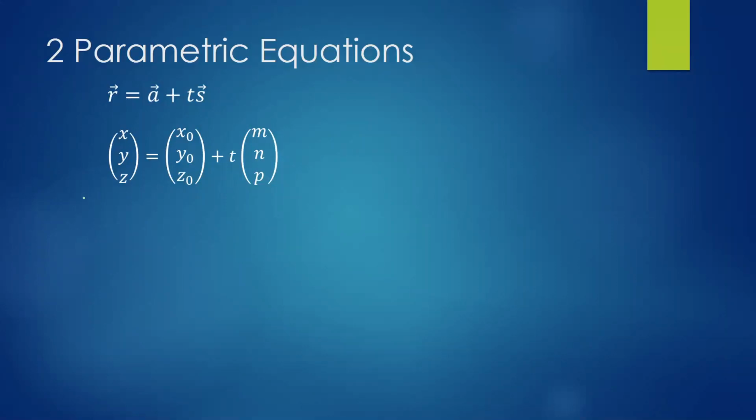In other words, these would be the coordinates of any point, x, y, z, the coordinates of any point on the line. So the coordinates of any point on the line can be found if we take the coordinates. These are the coordinates of the point A on the line, although we write them as a vector.